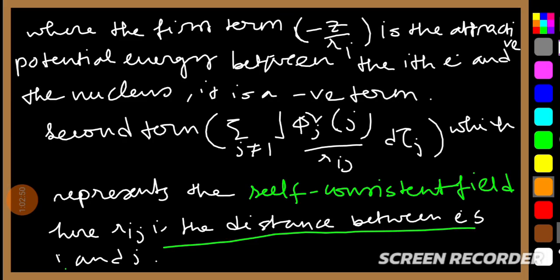Where the first term, that is minus Z by Ri, is the attraction potential energy. Attraction means এর মধ্যে আকর্ষণ বল আছে। তো between the electron and the nucleus, as the nucleus is positively charged and the electron is negatively charged, there must be a strong attraction force. And due to the attraction force, we consider it as an attractive force, which should have a negative sign.